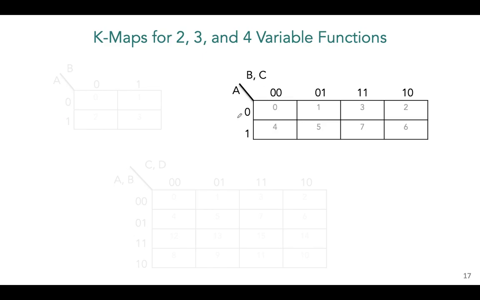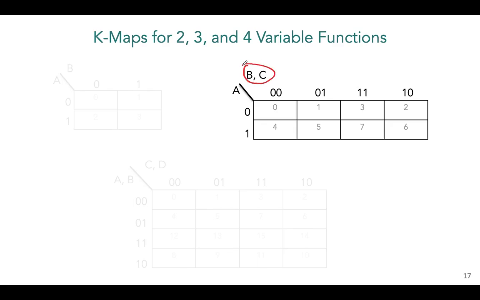Again, A can have 2 values, either 0 or 1, and the combination of B and C, since we are putting both B and C over here, can take 4 values. Both B and C can be 0, 0, or B can be 0 and C can be 1, or B could be 1 and C could be 1, or B could be 1 and C could be 0. So these are the 4 possible combinations for these 2 variables taken together.